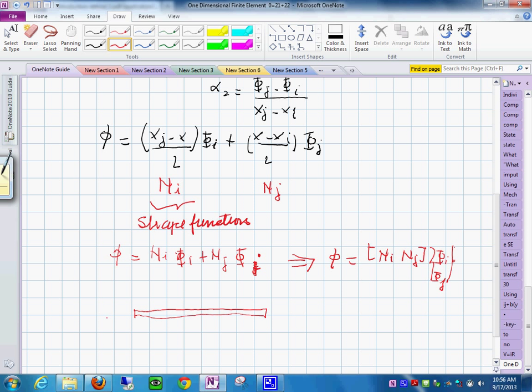Let's say that you have this finite element, and then you have two people at each end.